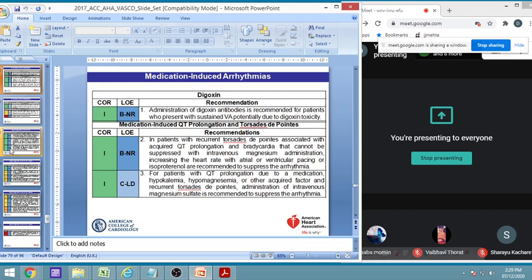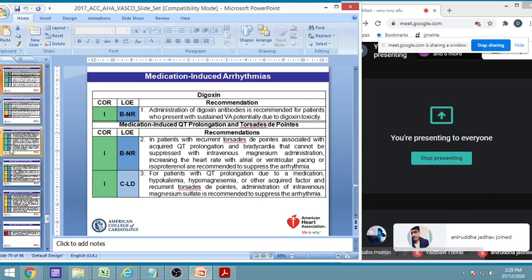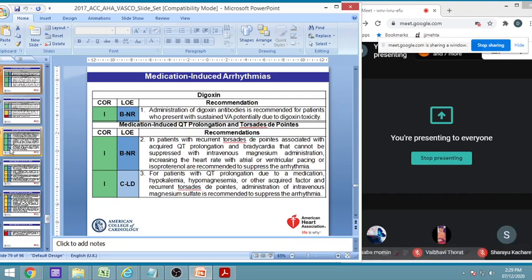Then a patient with QT prolongation due to medications, hypokalemia, hypomagnesemia, or other acquired factors should be checked. Then recurrent SCD points should be checked, and administration of intravenous magnesium sulfate is recommended to suppress the arrhythmia.